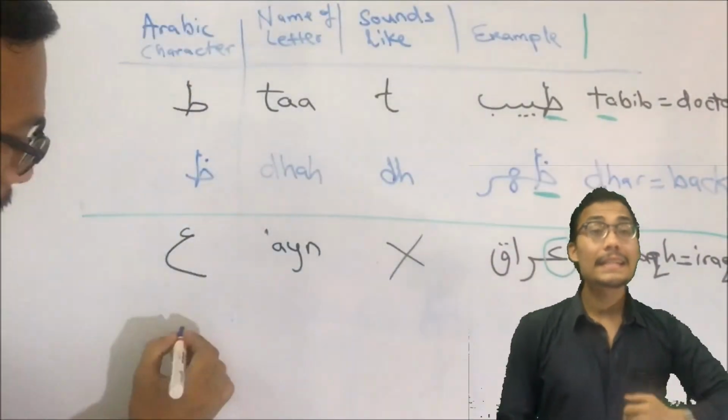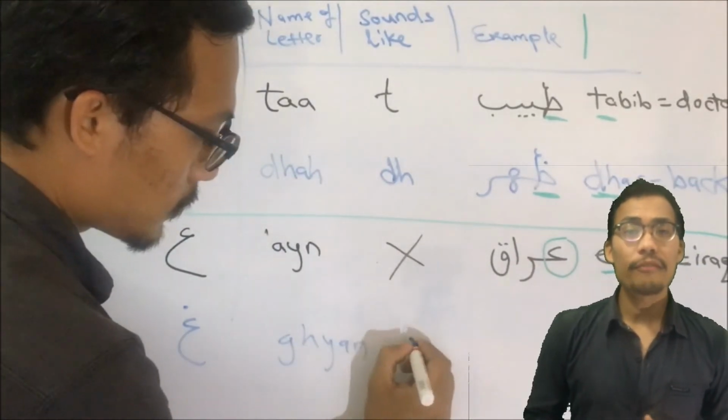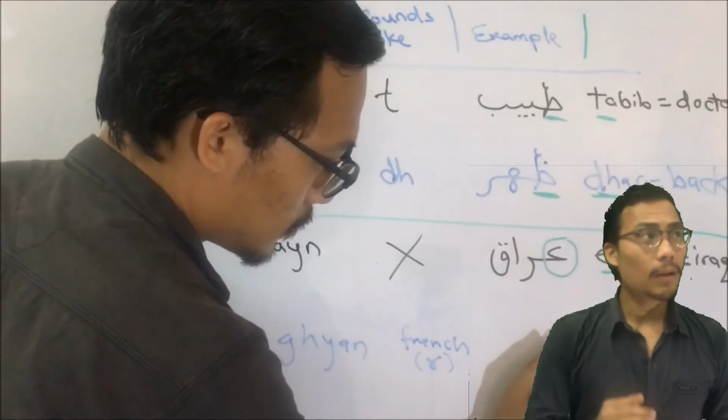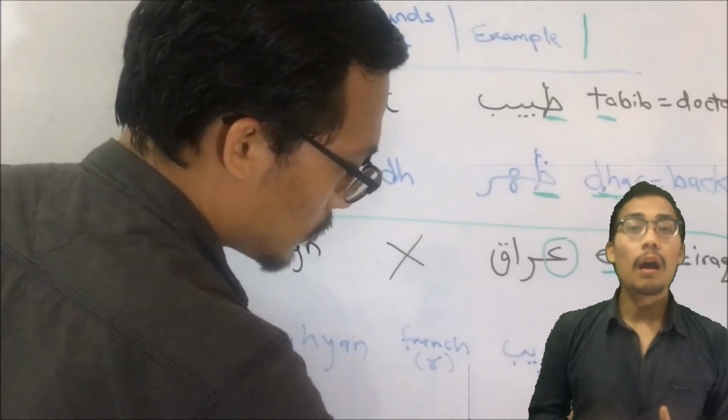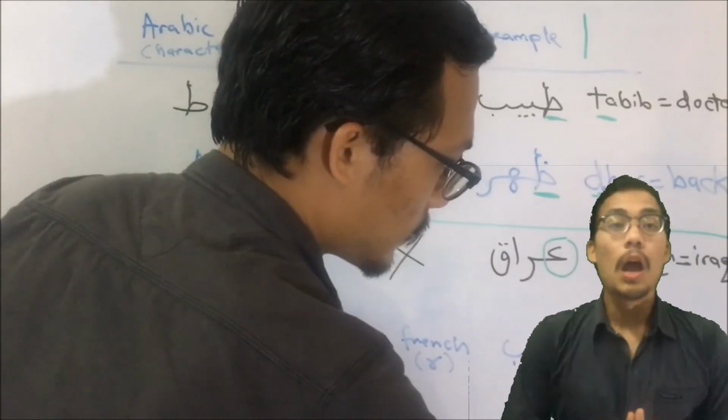The next alphabet is Ghain, the opposite of Ain. Sounds like the French R. It is produced at the back of the throat. Gha. For example, Gharib.